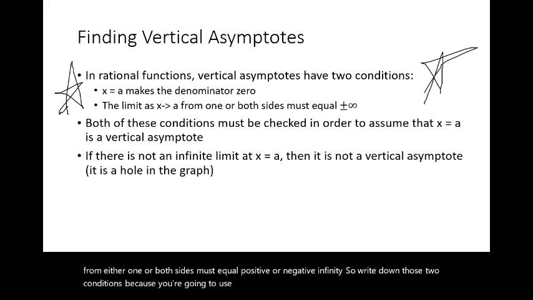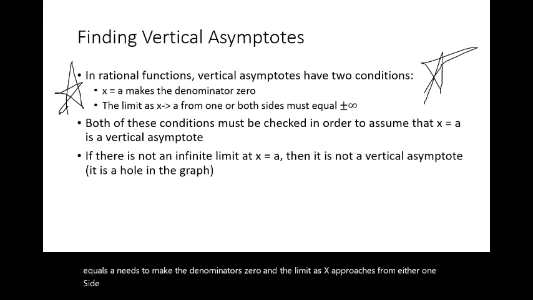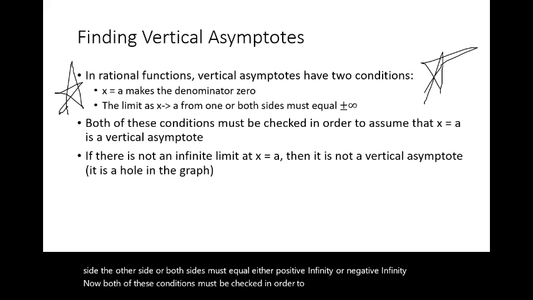In order to have a vertical asymptote, the x equals a needs to make the denominator 0, and the limit as x approaches a from either one side, the other side, or both sides must equal either positive infinity or negative infinity. Now, both of these conditions must be checked in order to assume that x equals a is a vertical asymptote.